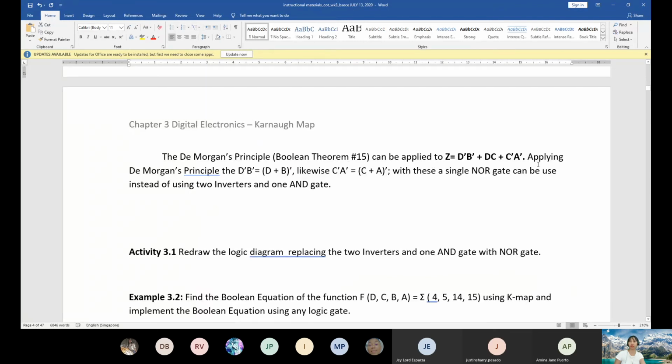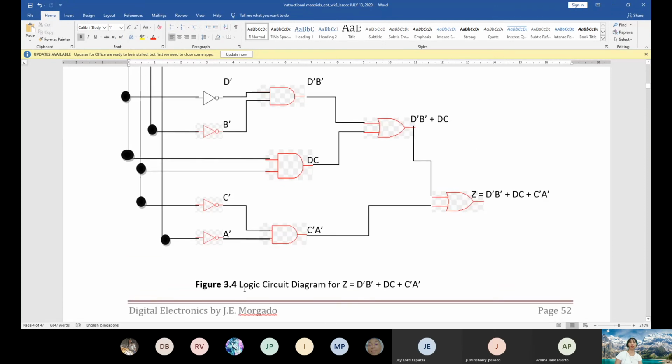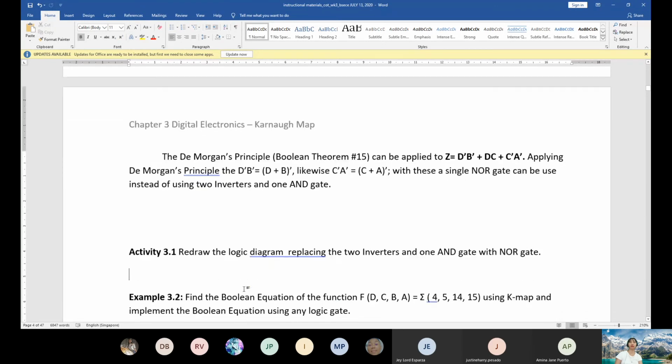It also explains here. That is your activity actually. That will be your seat work. Redraw the logic diagram replacing the two inverters and one AND gate with NOR gate. So that will be your assignment, to be submitted on Wednesday.